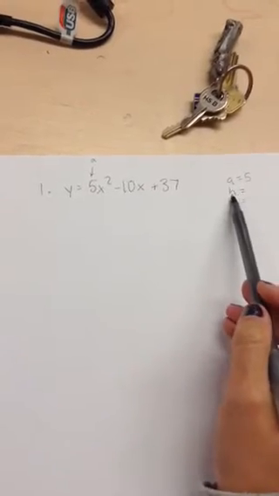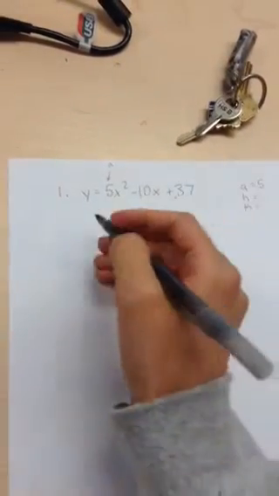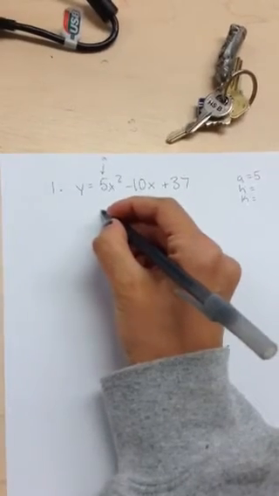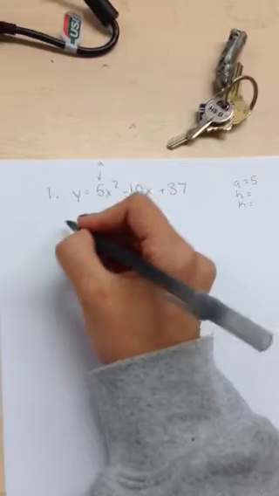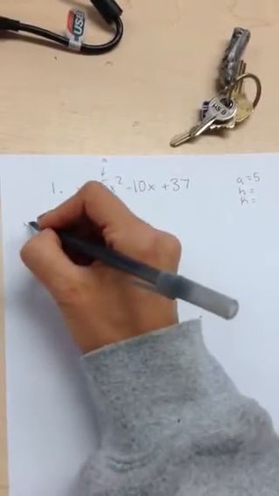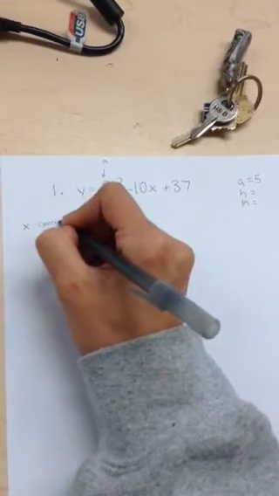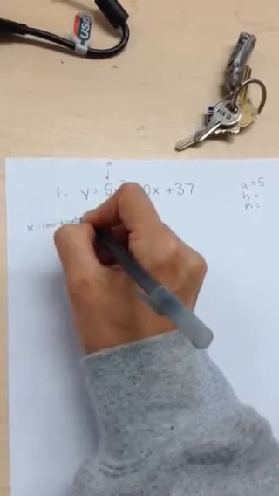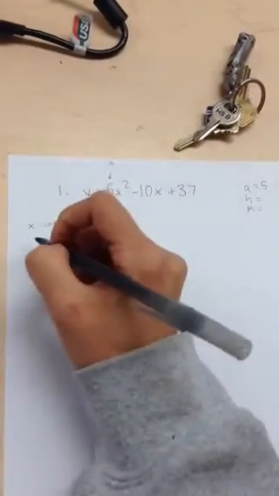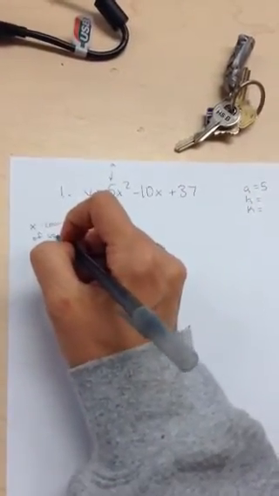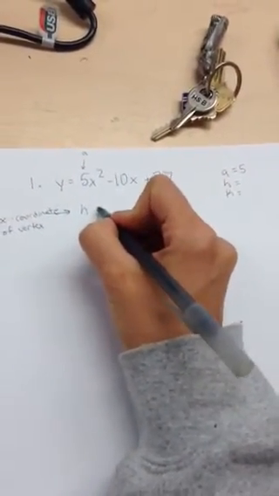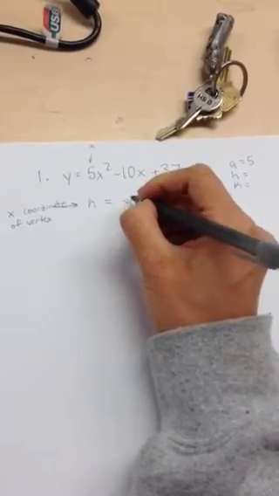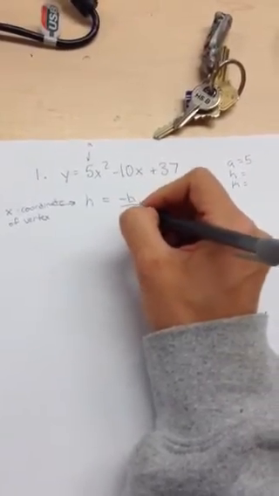Now I want to solve for H. So H has the formula, and H is the x coordinate of the vertex. So H is going to be equal to the formula negative b over 2a.